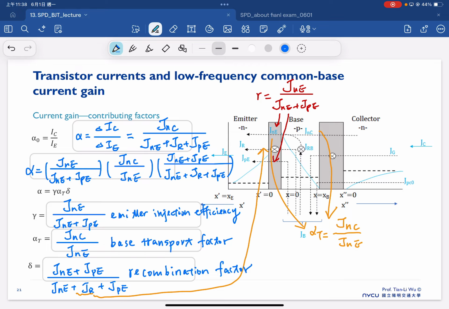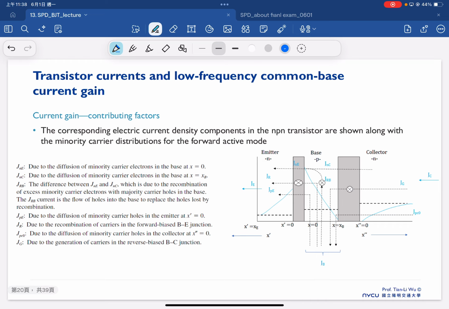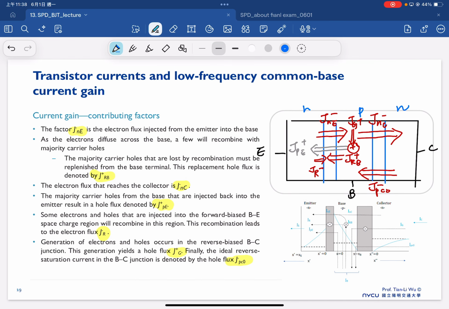So that's why we spend the effort to analyze each contributing factor. I can fully understand that the previous slide, where we talked about this contributing factor, is not very straightforward.